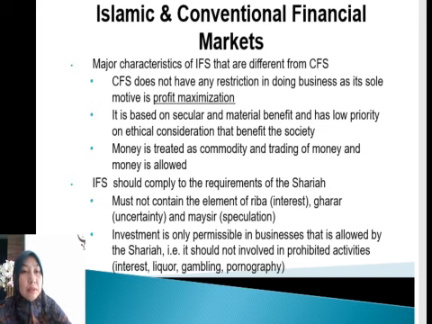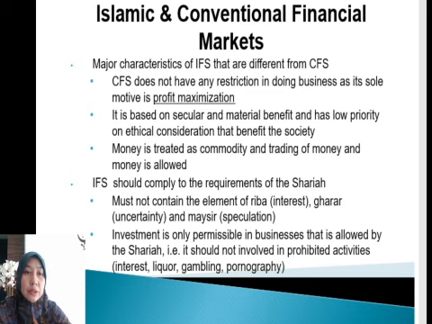So the conventional financial market does not have any restriction in doing business, and its sole motive is profit maximization. They can do anything that they like in order to maximize their profit.